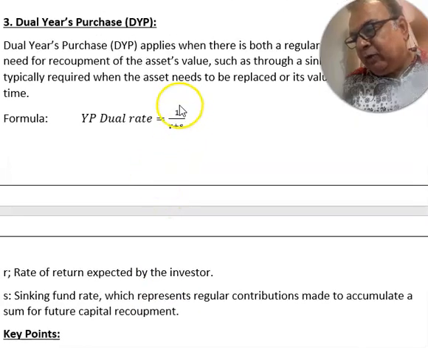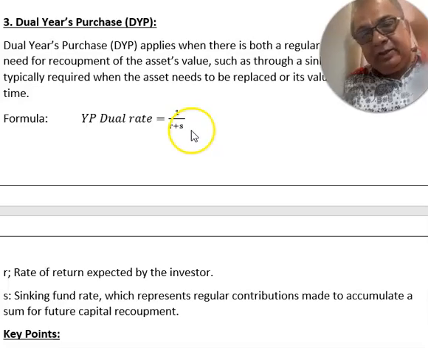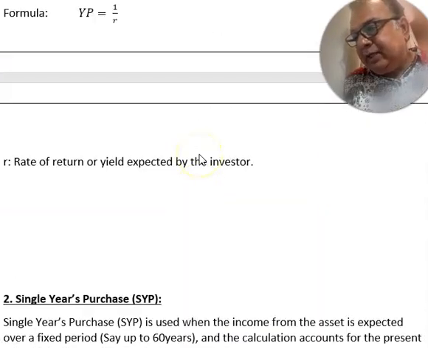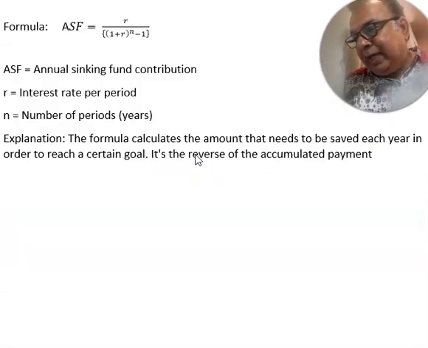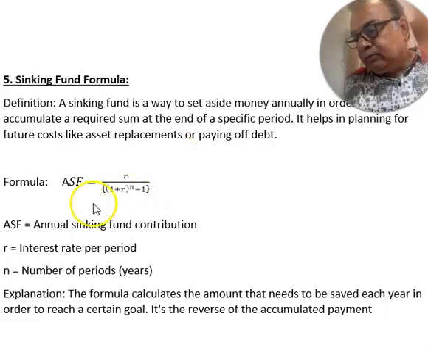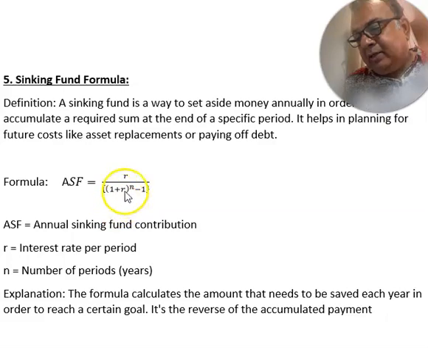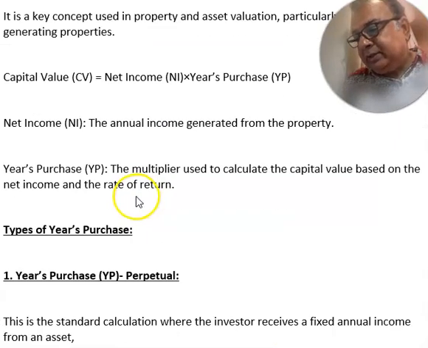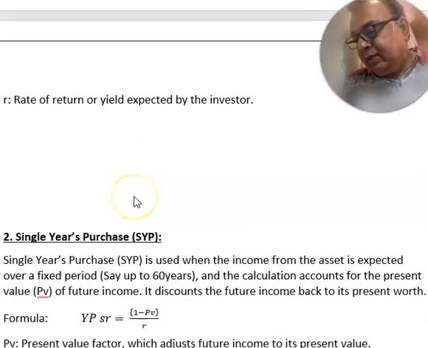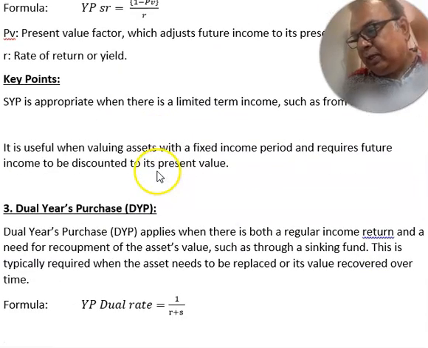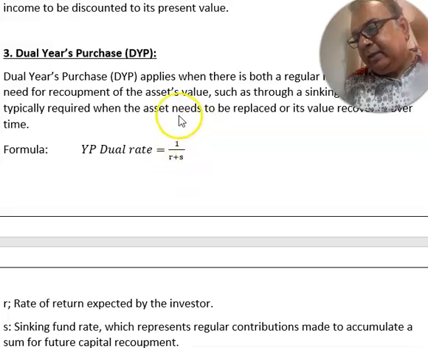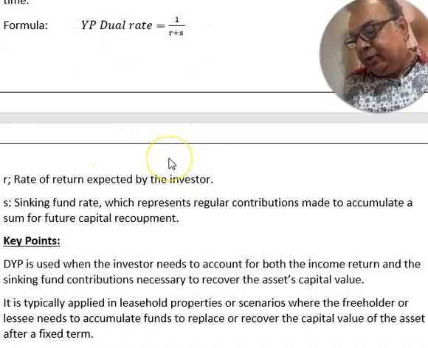For calculating YP in dual rate, first you calculate the sinking fund. With the help of the sinking fund formula, we know S is equal to R divided by (1 plus R) bracket power n minus 1. You calculate this sinking fund factor and put it in this formula, and then you will get the YP dual rate.